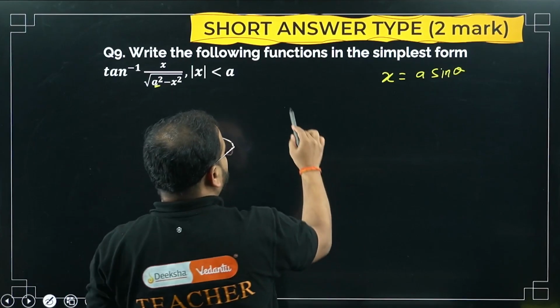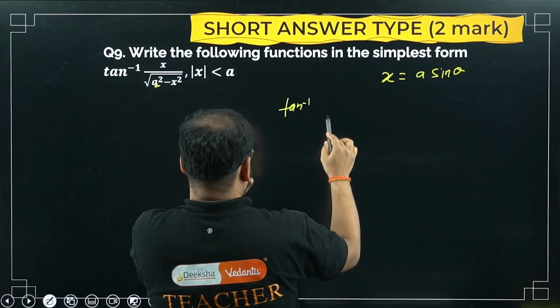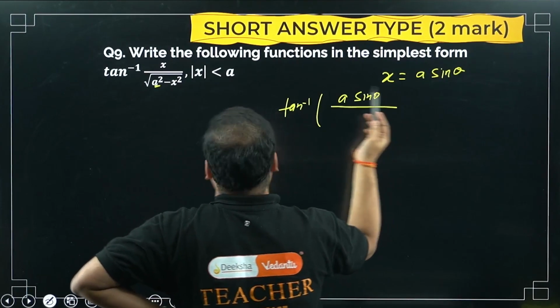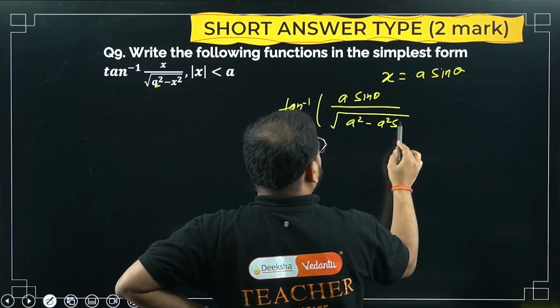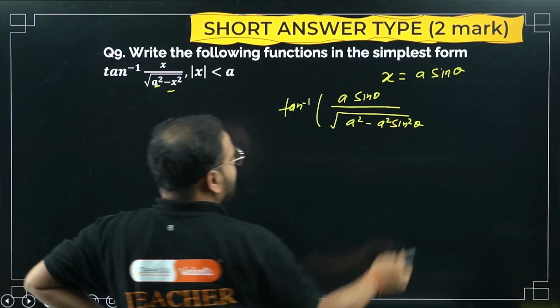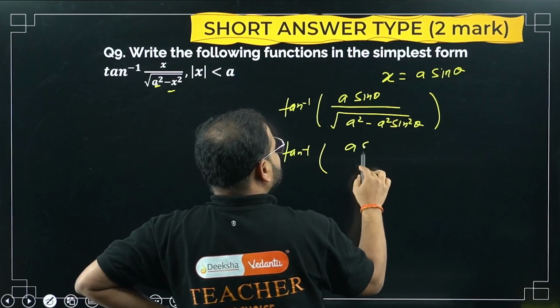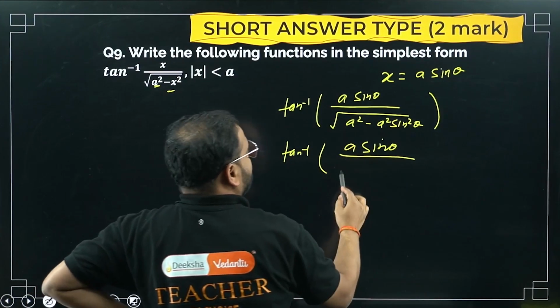Okay, so please check. Tan inverse of a sine theta upon root under a square minus a square sine square theta, because there is an x square over here. Take a square common in the root.